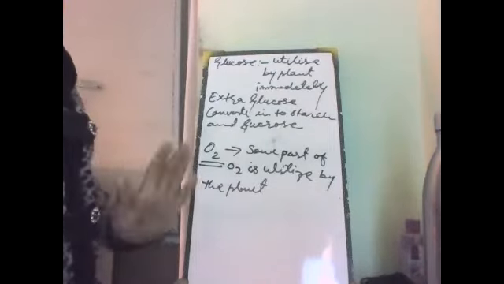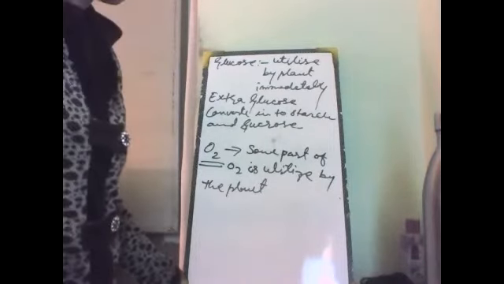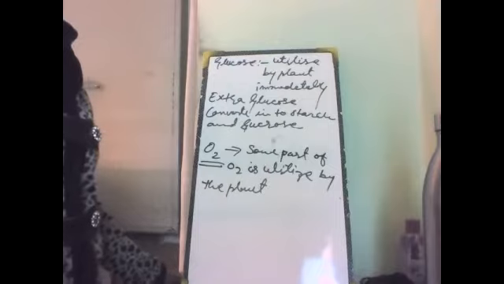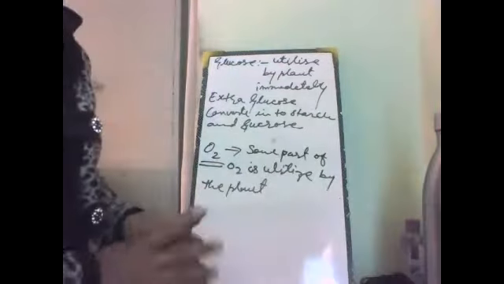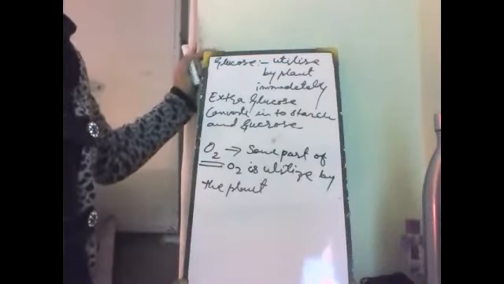This oxygen is utilized by other living organisms for respiration and for survival. This is the process of how photosynthesis occurs.